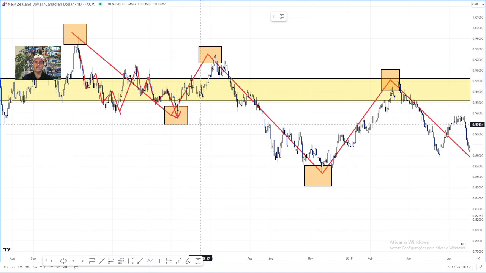And then the market started making, in a down retracement, higher highs, higher lows. Can you see the change in the short-term trend?